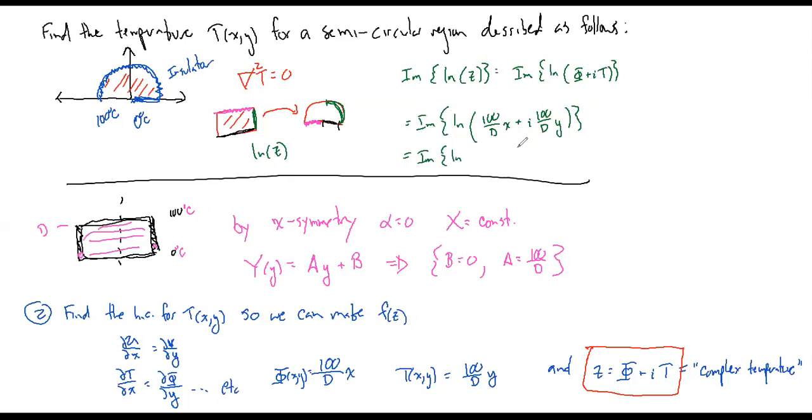Let's turn this into polar form, right? So this is 100 over d times x plus iy, which is the imaginary part of ln 100 over d r e to the i phi. That's what x plus iy is, just changing it to polar form.